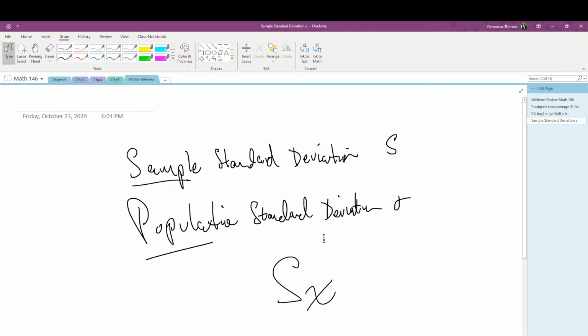We're taking the sample standard deviation of the data. Yes, absolutely. The sample is the statistic, and the parameter is going to be the population.